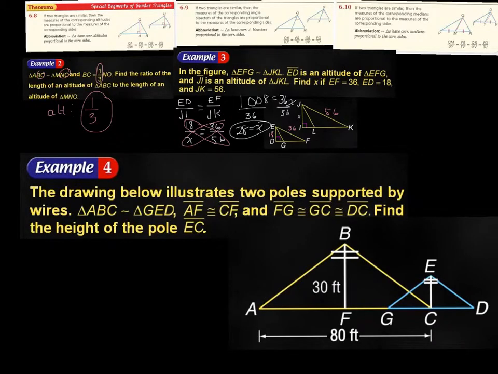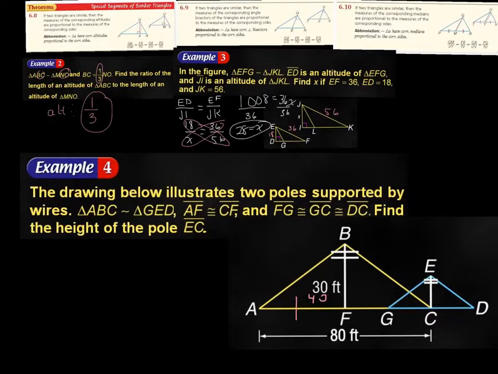The drawing below illustrates two poles supported by wires. Triangle ABC is similar to triangle GED. AF is congruent to FC. Okay, so if they're both the same, they'd both have to be 40.